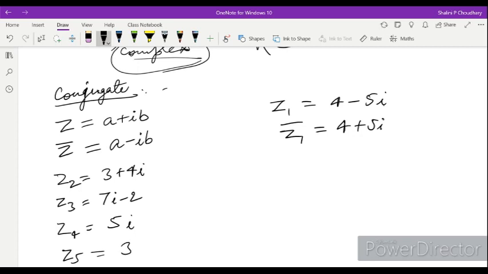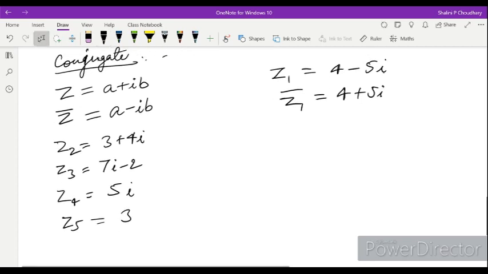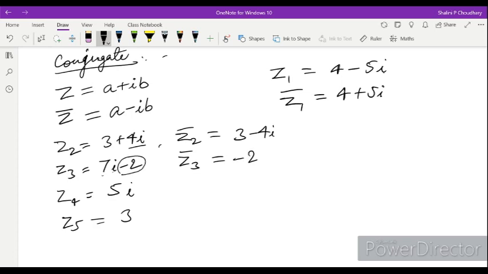So in this way, what will be the value of Z2 bar? The sign of the part with i changes, so 3 minus 4i. Z3 bar, the conjugate of Z3: this is the real part, minus 2, so we'll write minus 2, and the sign of 7i changes, so minus 7i.